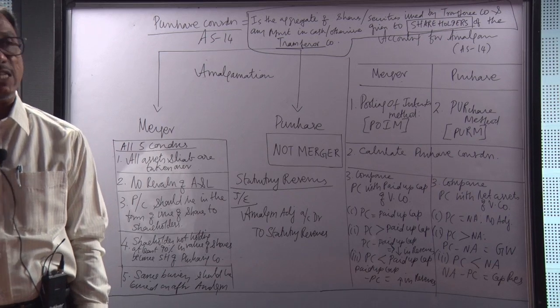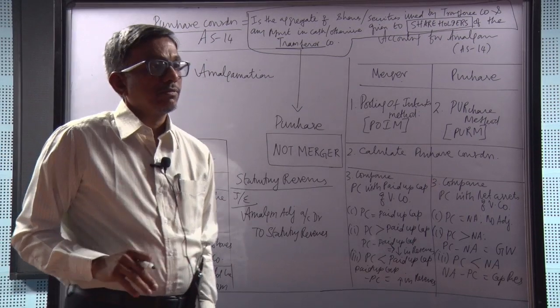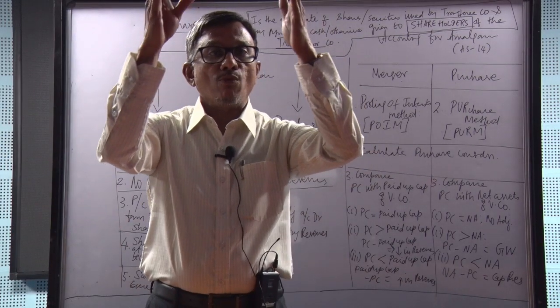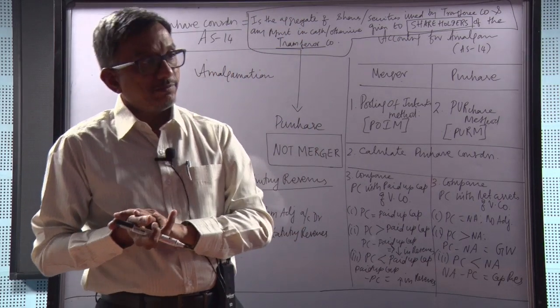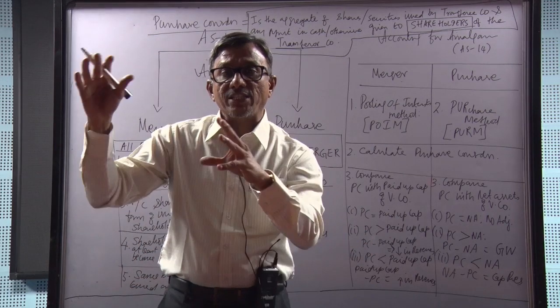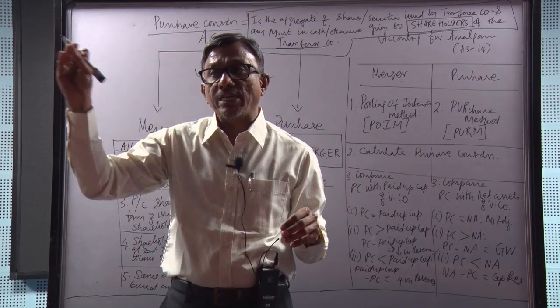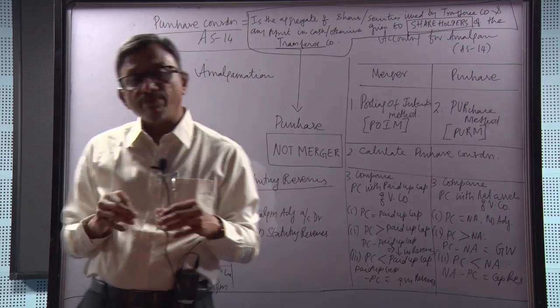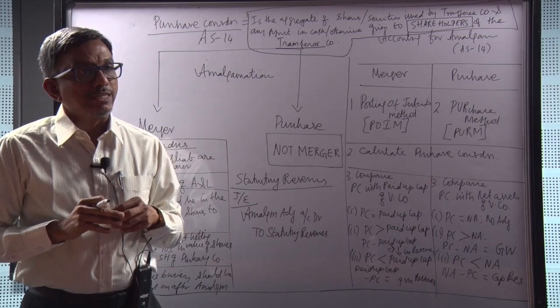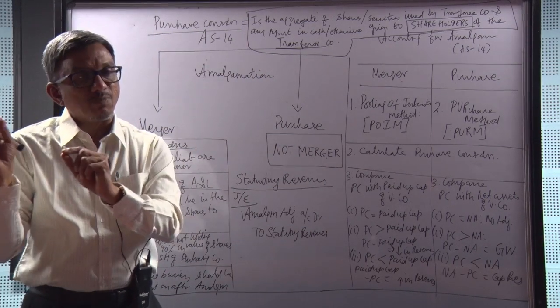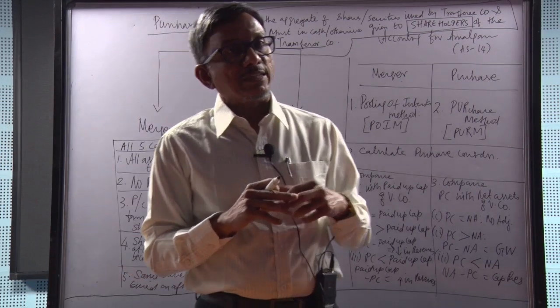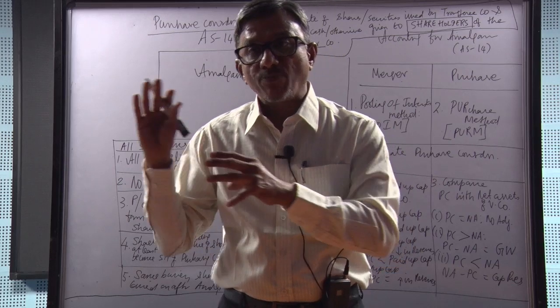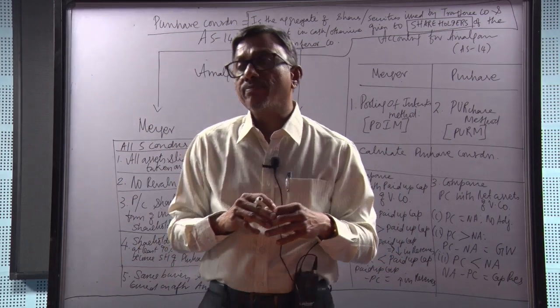Therefore, what is purchase consideration? Find the total of whatever is given to the shareholders of the transferor company. Shareholders get some cash, 20 rupees in cash per share, that is consideration. Shareholders get 1 share for 1 share, that is part of the purchase consideration. Preference shareholders get 10 rupees in cash for every share, that is part of the purchase consideration.